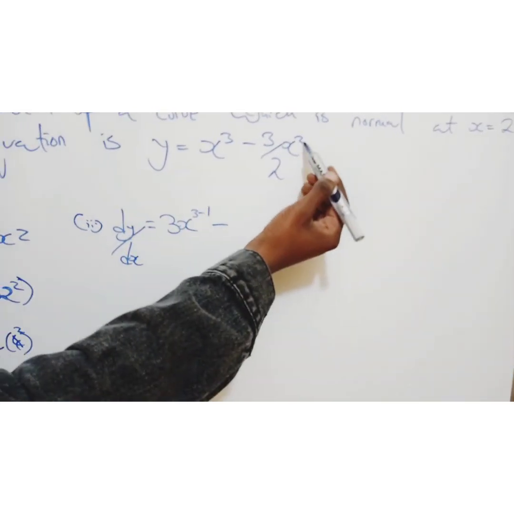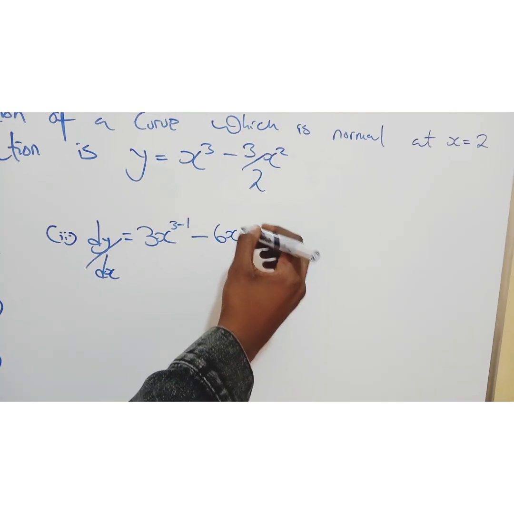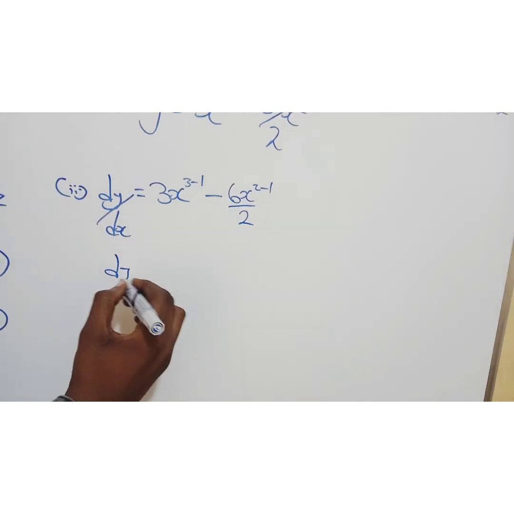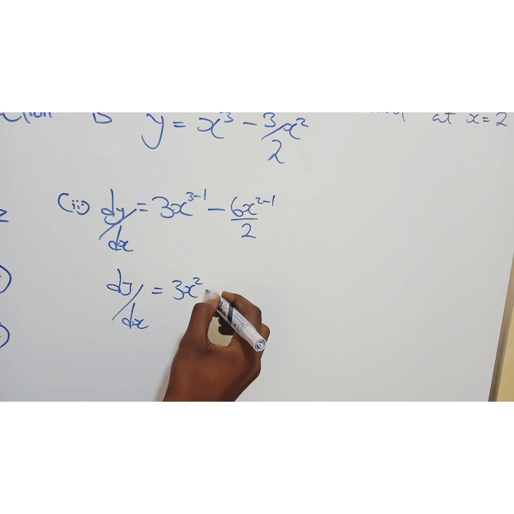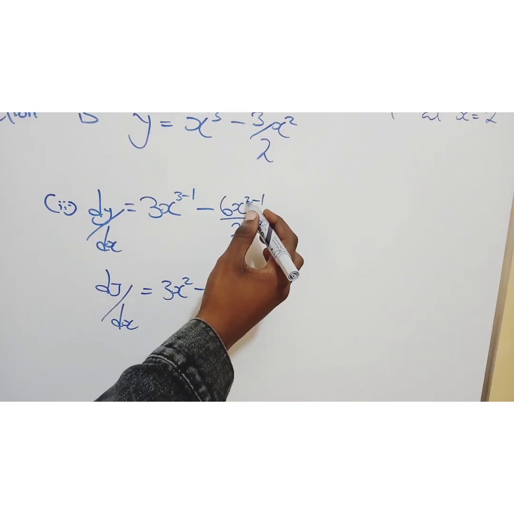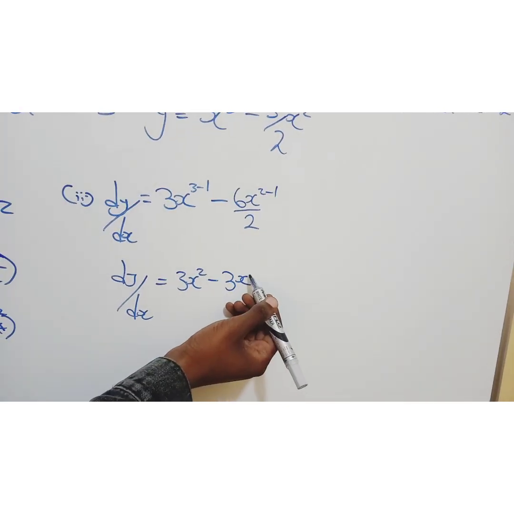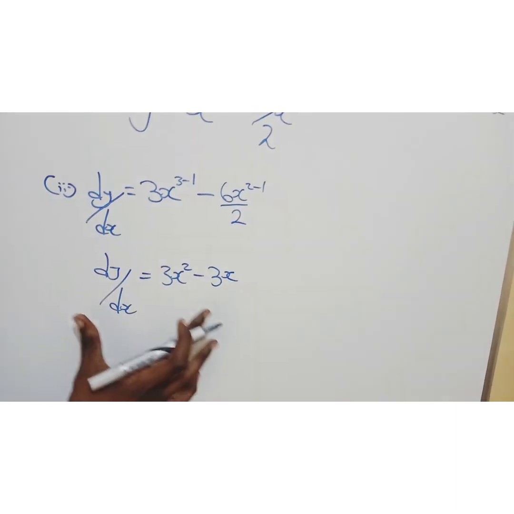This 2 multiplies this 3 over 2, which becomes 6x to the power 2 minus 1, over 2. So dy/dx is equals to 3x squared minus 2 into 6 is 3x. This is 2 minus 1 is 1. We do not include 1 because there's an x here already. So you have found your dy/dx.